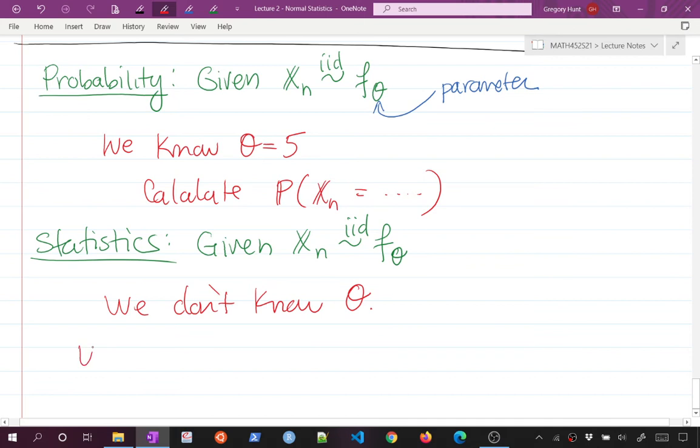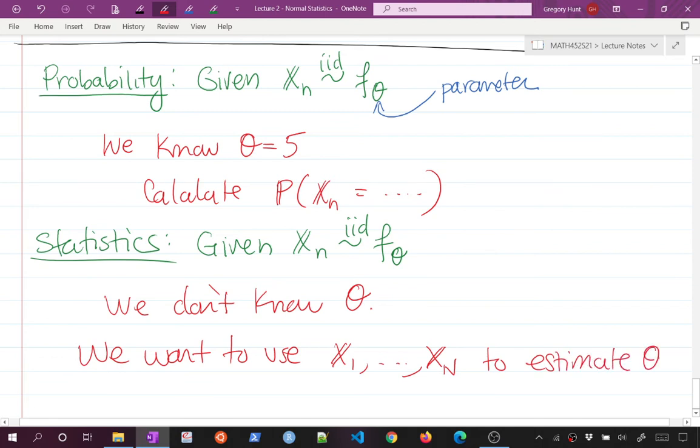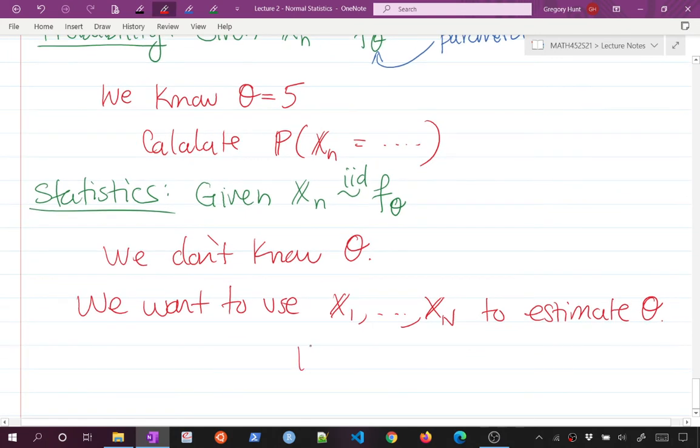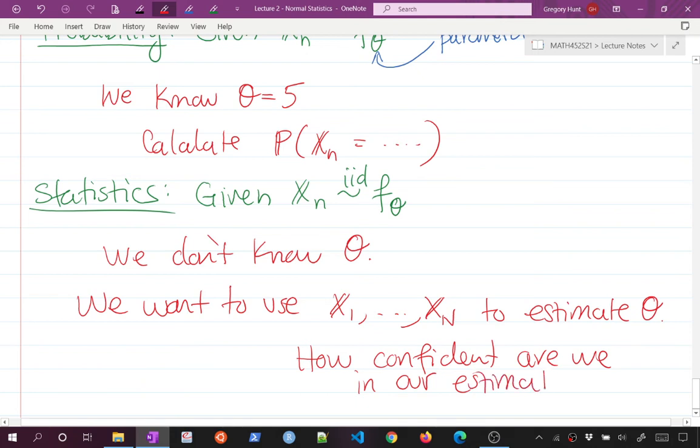What we want to do is use my samples to estimate theta. Maybe we want to know how confident are we in our estimates?